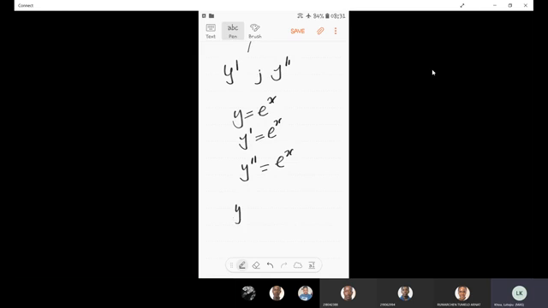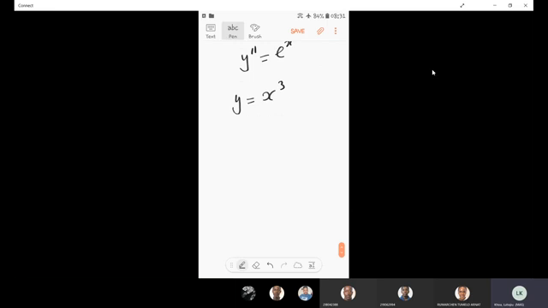Unlike something like this, if y is equal to x to the power of 3, I can work out y prime. This is 3x squared. Y double prime, this is 6x. Y triple prime, this is 6, and then the fourth derivative is just 0. And then every derivative after that will be 0.